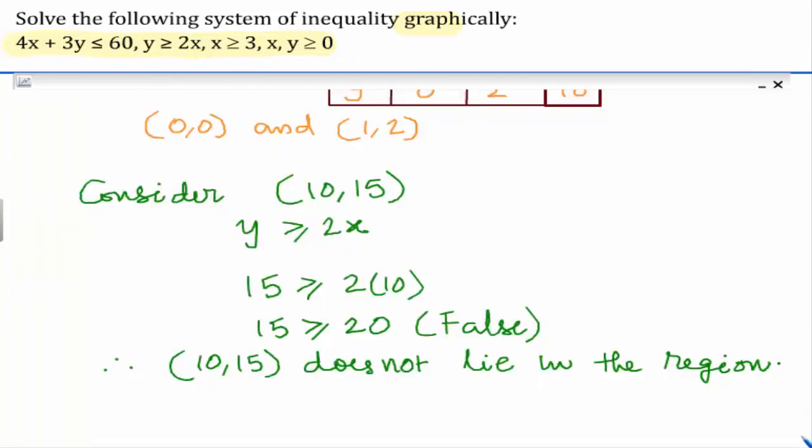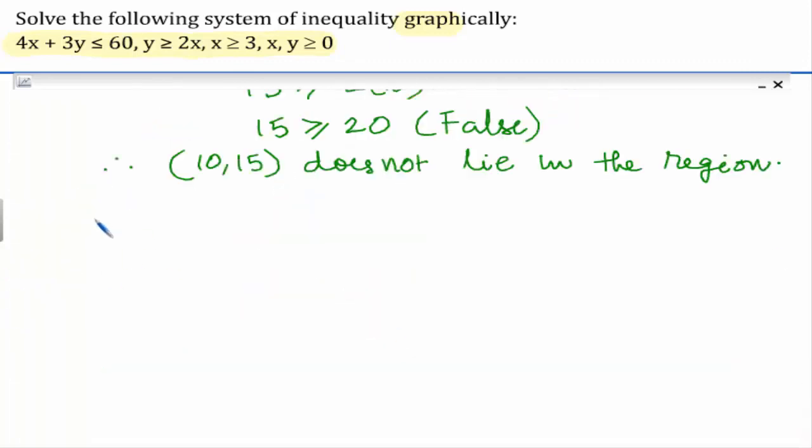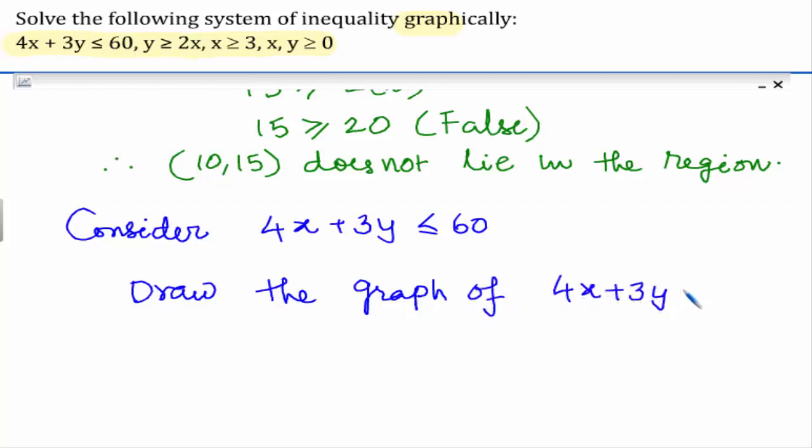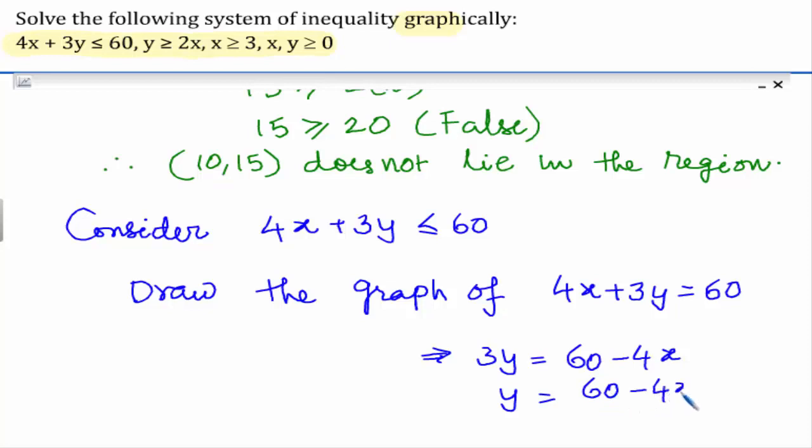Now let us consider the final inequality, that is 4x plus 3y less than or equal to 60. Now we have to draw the graph of 4x plus 3y is equal to 60. So this will give us 3y is equal to 60 minus 4x, so y is equal to (60 minus 4x) by 3.